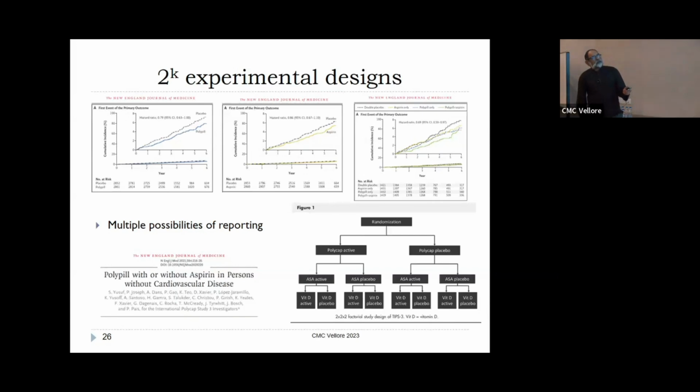This is the aspirin versus placebo. And then here they did placebo and polypill together. And so the vitamin D did not show anything at all, so they didn't report that. But this is one of the important studies that came out with a 2 to the 3 factorial design.